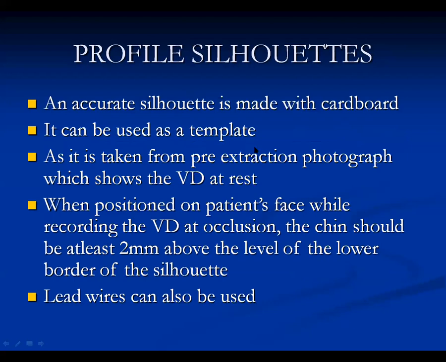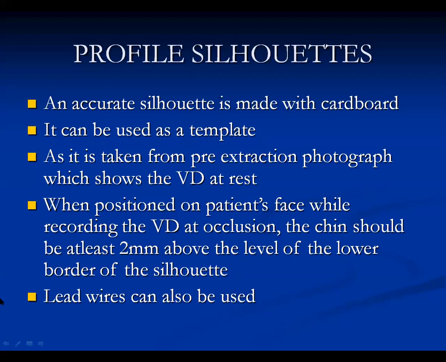It can be used as a template, as it is taken from a pre-extraction photograph which shows the vertical dimension at rest. When positioned on the patient's face while recording the vertical dimension of occlusion, the chin should be at least 2 mm above the level of the lower border of the silhouette. Indirectly, we are measuring vertical dimension of occlusion.